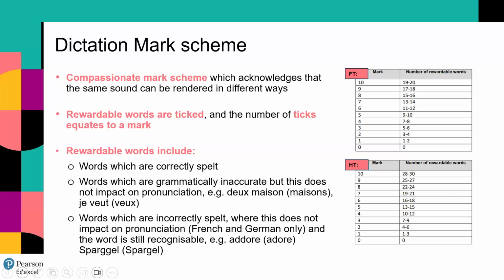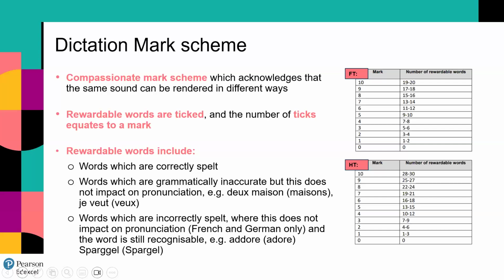Now, the way that you can assess whether you give a mark or not is to have two tests. The first test is the sound. Does it sound like what it should sound like? If it sounds exactly the same, you tick it.